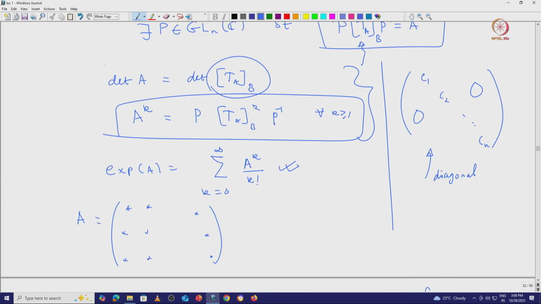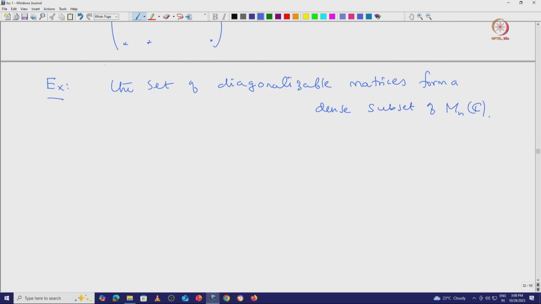For example, there is a sequence of diagonalizable matrices A_n that converges to A. Then it is easy to see that the determinant of A_n also converges to the determinant of A, and here we are able to easily do the computation, because these are all diagonalizable.